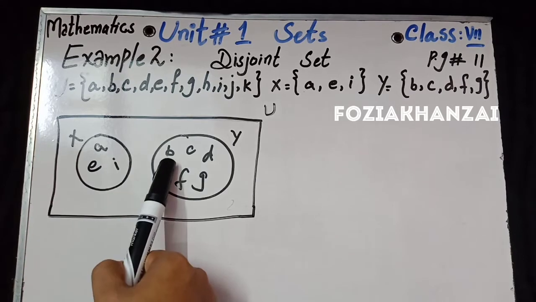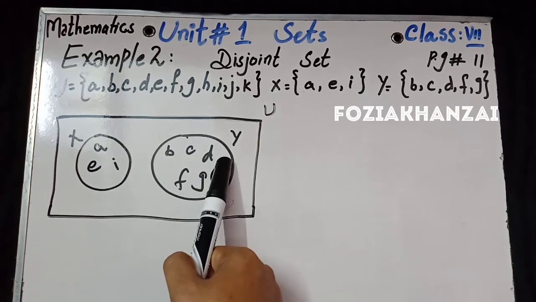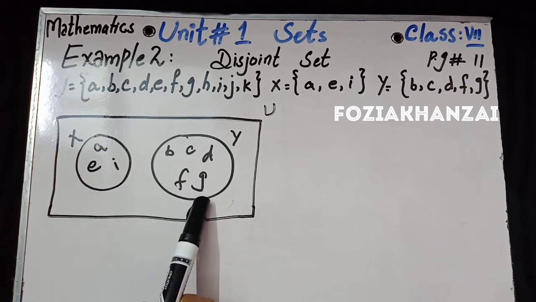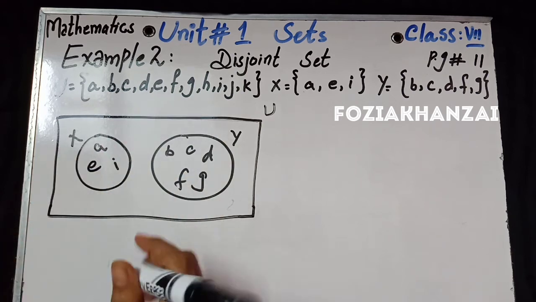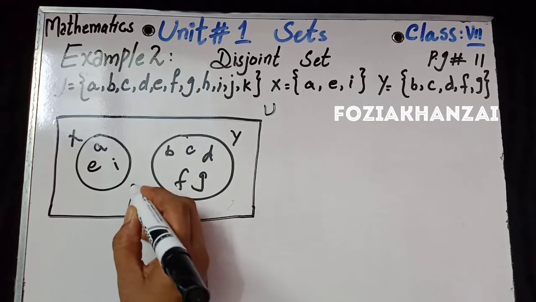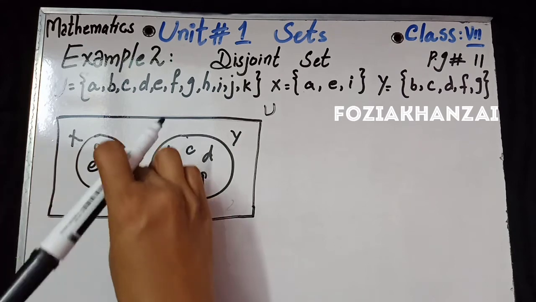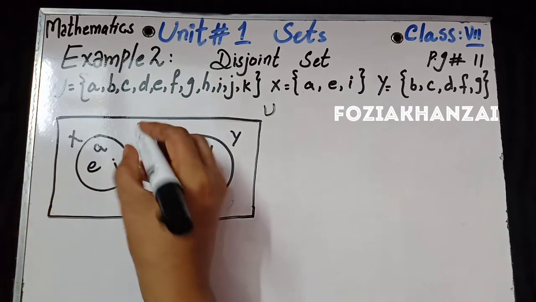A, B, C, D, E is here, F, G, H is not given. So we write over here H, in the rectangle box, any place.